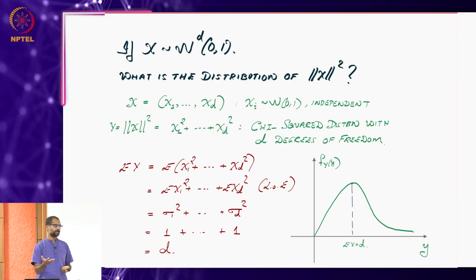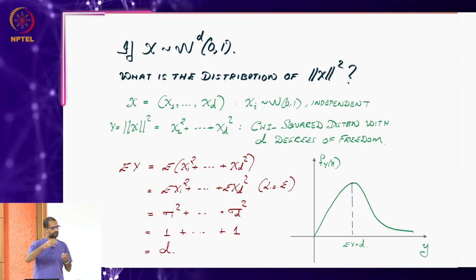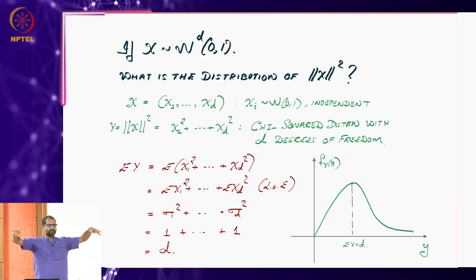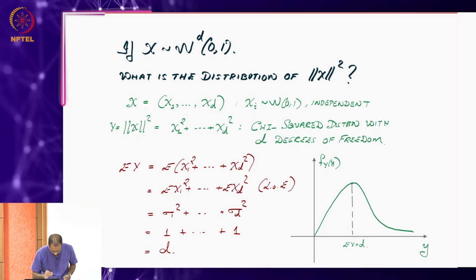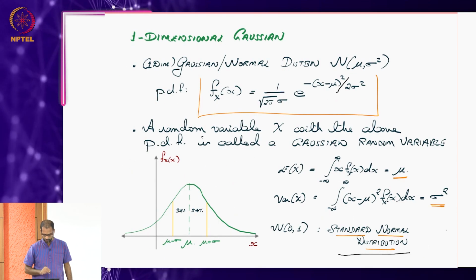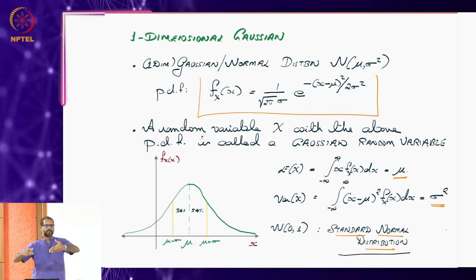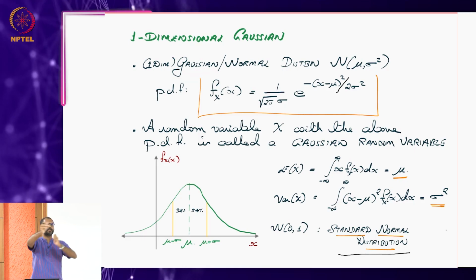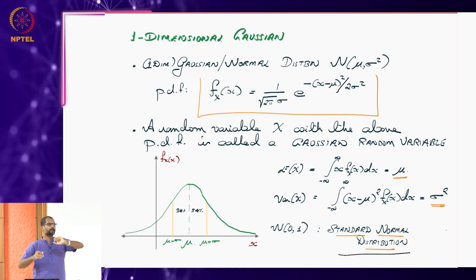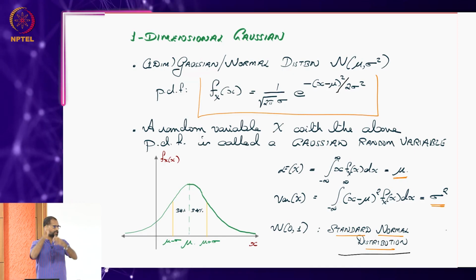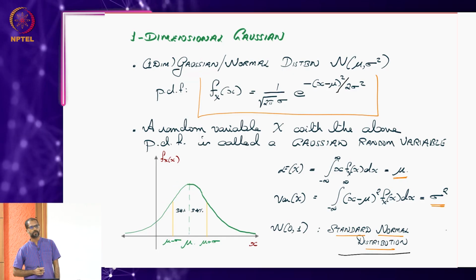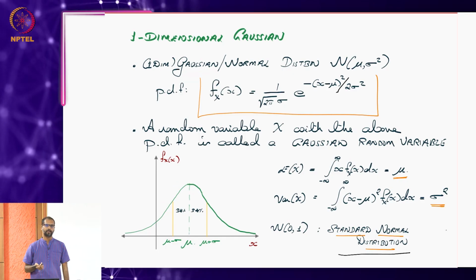In the case of a two dimensional Gaussian, it will really have the shape of a bell. If this is one cross section of a bell, you think of rotating it around and you complete the whole bell, like the church bells that you see on top of some old churches. That shape is what a two dimensional Gaussian is.